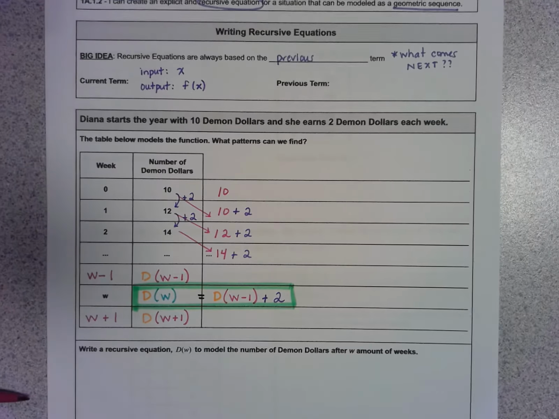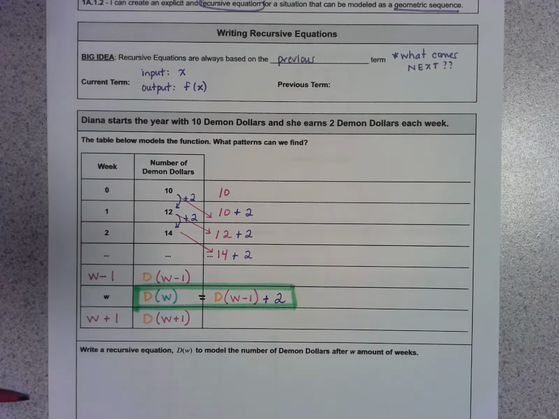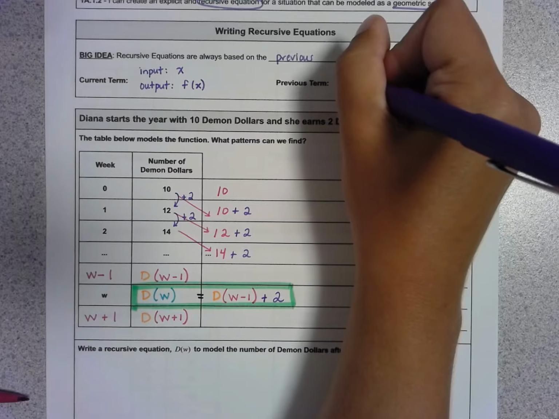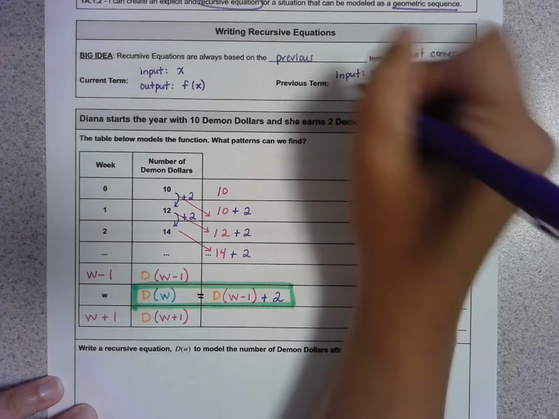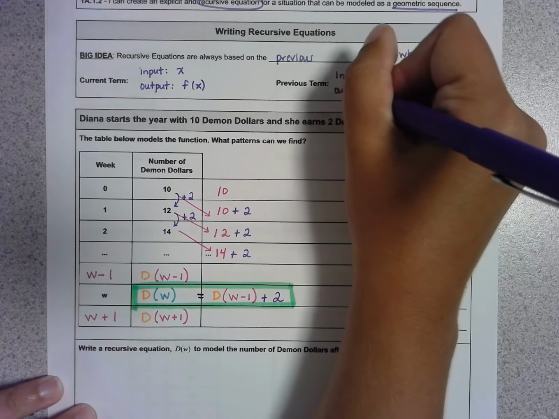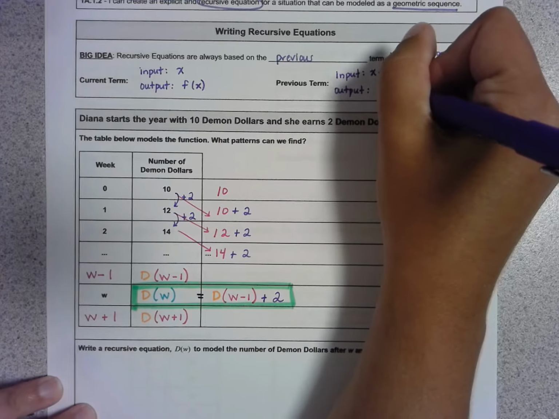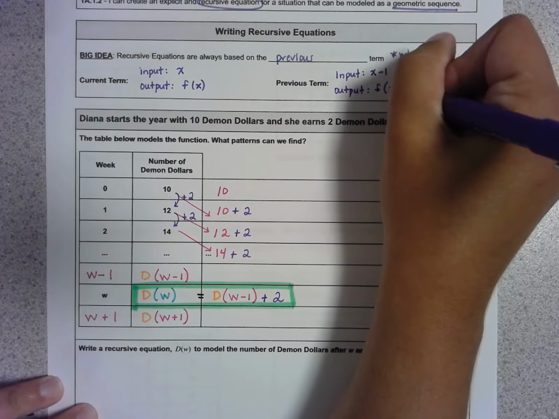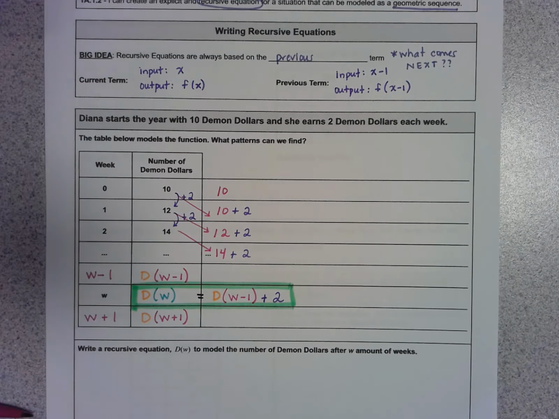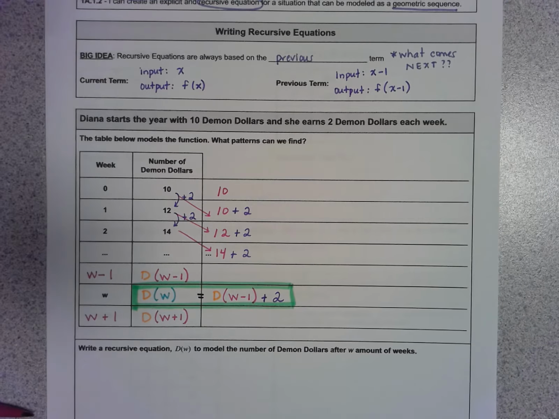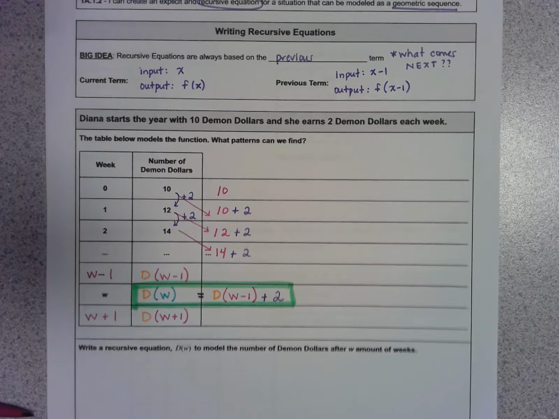When we're talking about the previous term, so what happened last time in the pattern, we would say that the input is x minus 1 and the output would be f of x minus 1. You'll notice that the f on the outside is what makes it an output, and no f on the outside is what makes it an input.